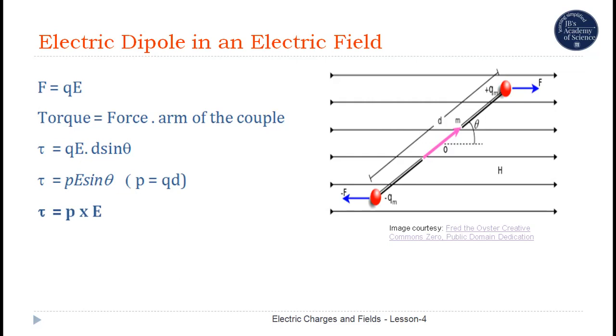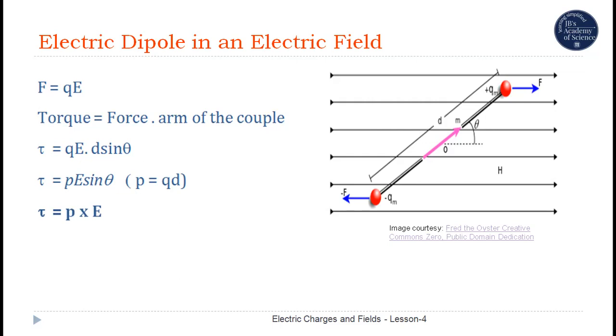Now, at the two ends of the dipole, two equal and opposite forces will be acting due to the electric field. We know that two equal and opposite forces acting at two different points on an object will constitute a couple of forces.